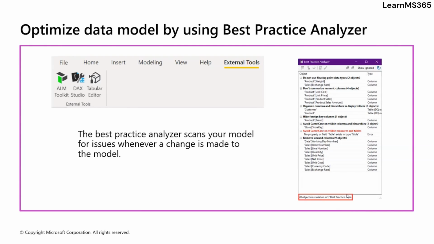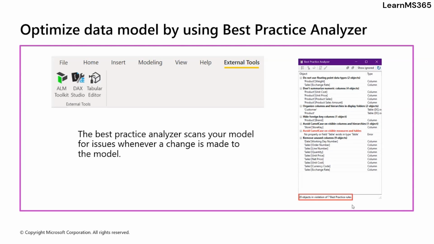BPA rules are basically a set of rules run in Tabular Editor that notify you of potential modeling missteps or changes that you can make to improve your model design and performance. It includes recommendations for naming, user experience, and common optimizations that you can apply to improve performance.